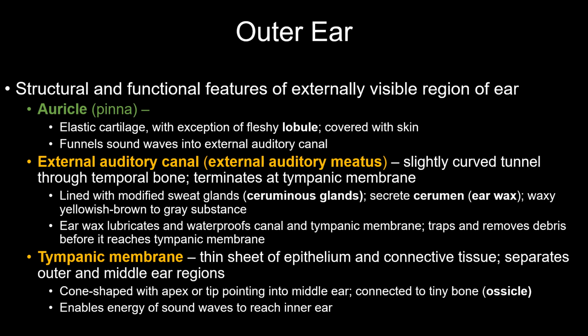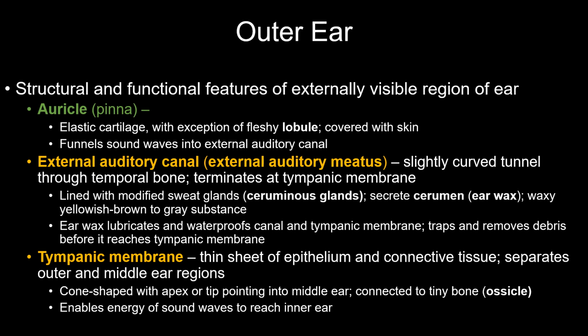It is a curved tunnel through the temporal bone that works its way down to the tympanic membrane, also commonly known as the eardrum. The external acoustic canal is lined with very modified sweat glands called ceruminous glands, and they secrete a yellowish brownish substance. It could even be gray, known as cerumen or earwax.